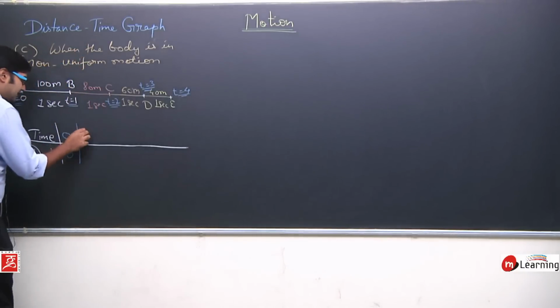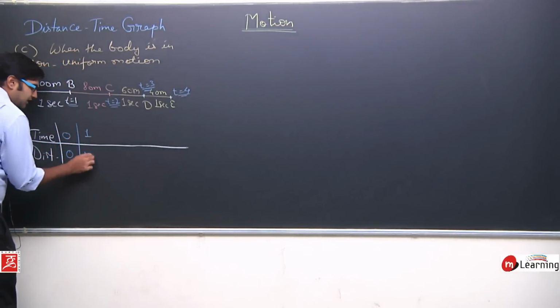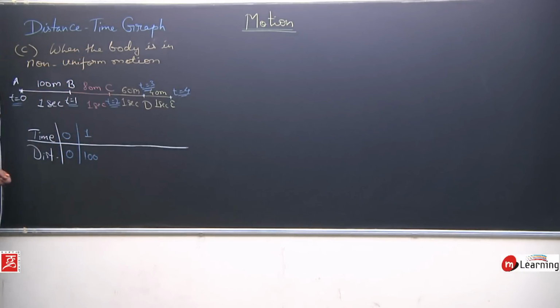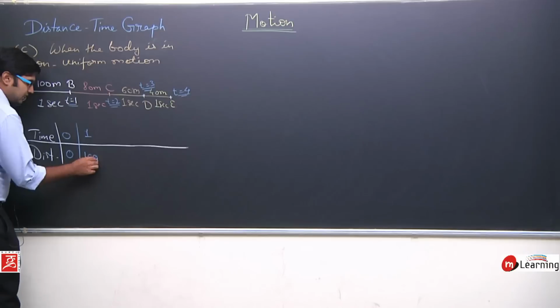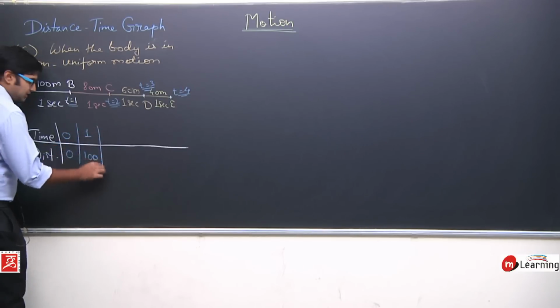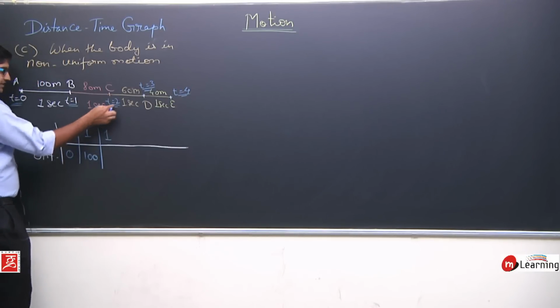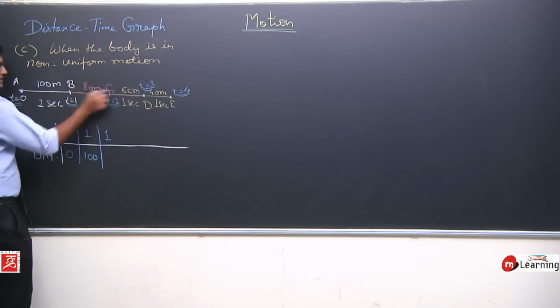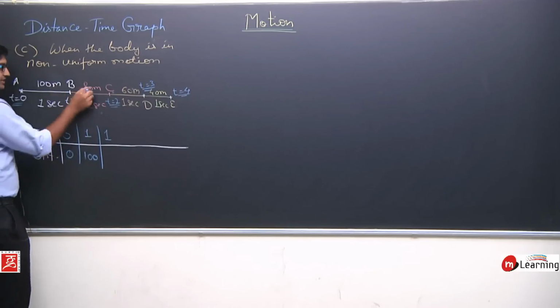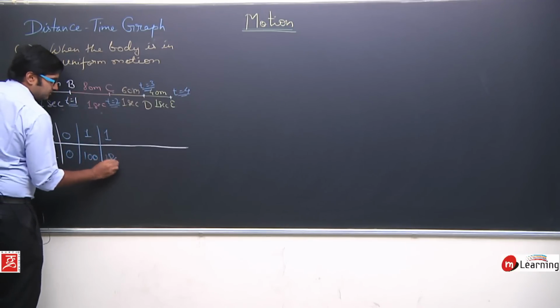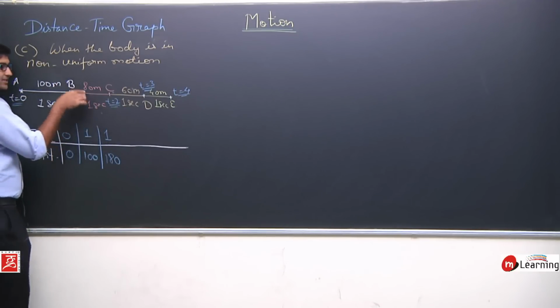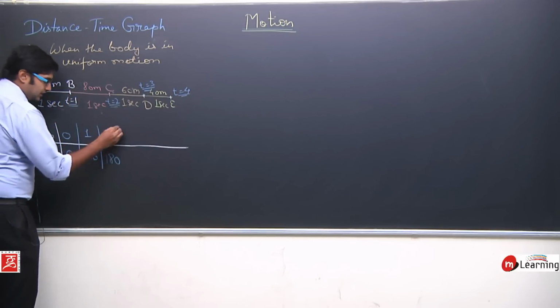Then after 1 second the object has travelled 100 meters. Okay, like this. And then let's say in the second 1 second, you can see the total time from A to C is 2 seconds and total distance is 180 meters, because in the next 1 second the object has travelled 80 meters, so it is 180.